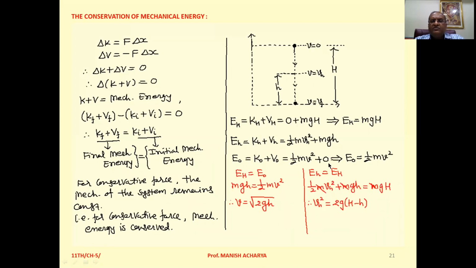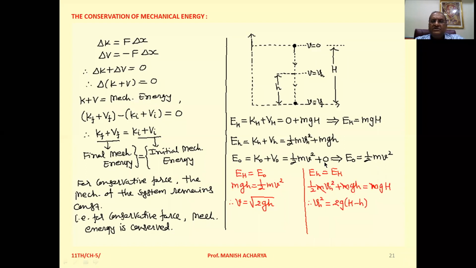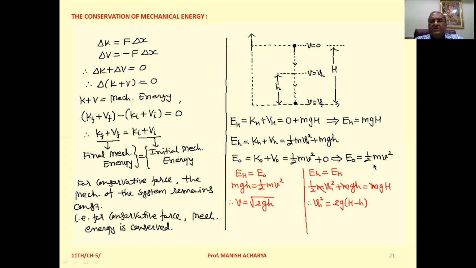So half m v square plus 0, because when it hits the ground, h becomes 0, so potential is 0. So E0 is half m v square. Okay? So we can calculate the velocity by comparing the energies at different positions, because energy is constant.